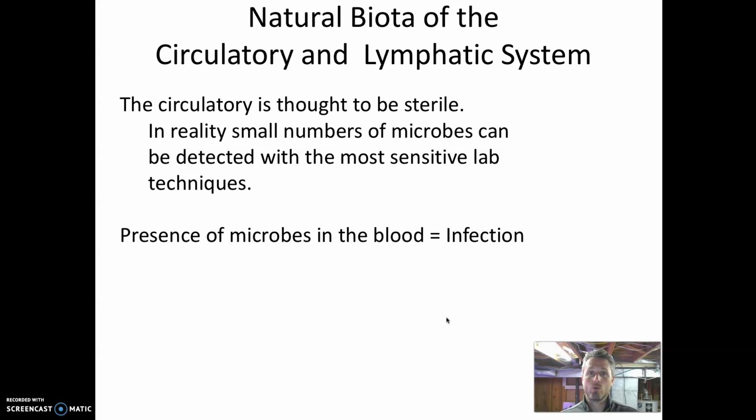So you might see words that end in this part of the word, emia, and that just means blood infection. So you may come across terminology like viremia. And all that means is that we can detect viruses in the blood. Virus, emia, blood, viremia, viruses in the blood.